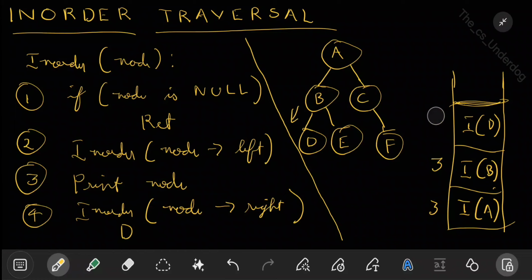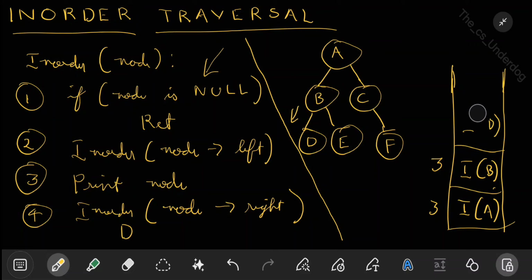After I print D, I'll go to the fourth step, which is node pointing right. What is D pointing right? There is nothing. It is null. So again, I'll push null into the stack. In-order of null. What is in-order of null? When it is null, you have to return, which means I have to pop it off from the stack. After I pop it, I'll go to D. So all the steps are completed.